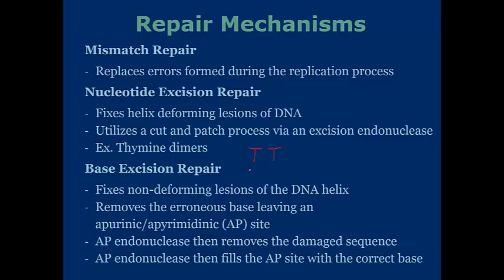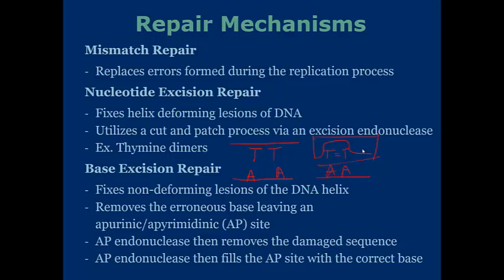So if I were to have something like this and have two strands, a thymine dimer, especially in the presence of UV radiation, is going to bind to itself instead of where it needs to. What's simply going to happen is an endonuclease is going to come in, cut this out, and replace it with the proper TT bases.